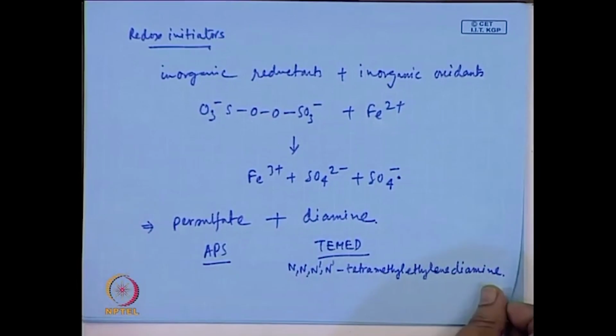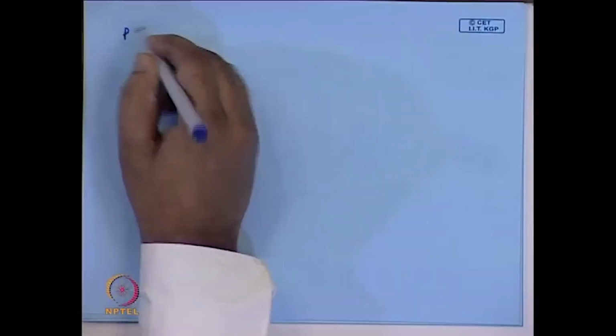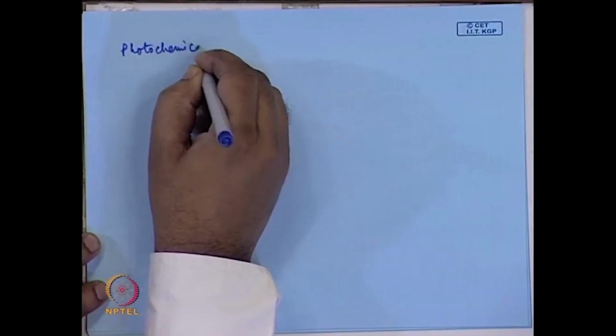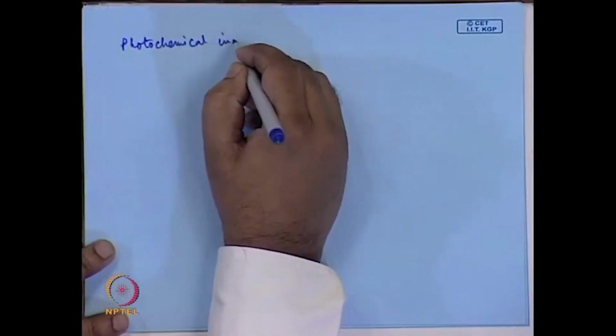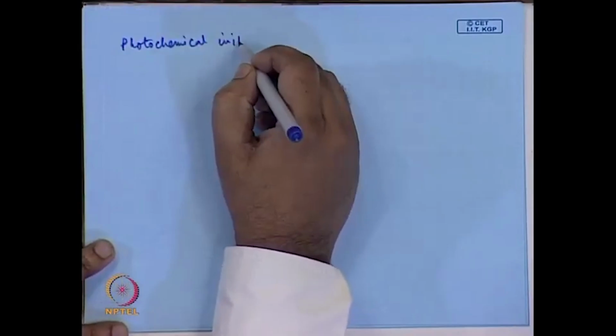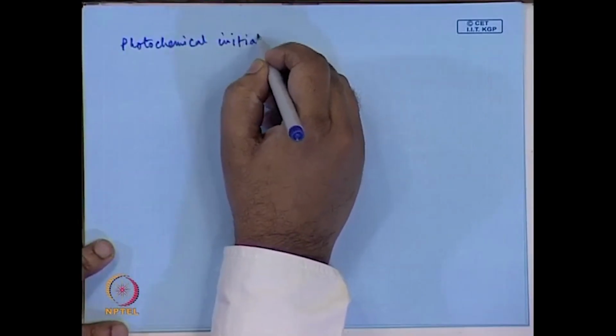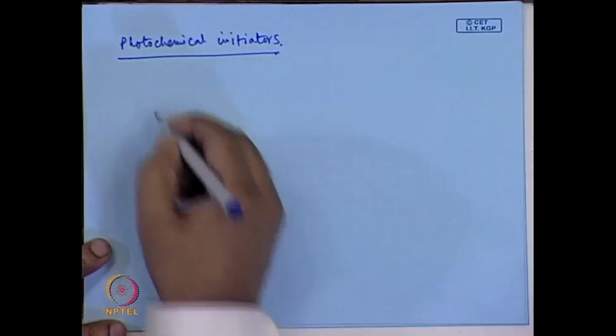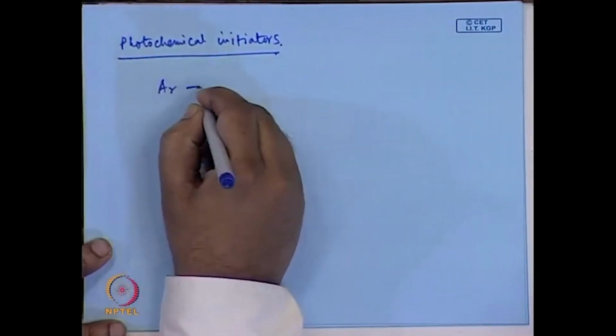The other type you can utilize is the photochemical initiator, or photoinitiator in short. For example, here you can use aromatic ketones.